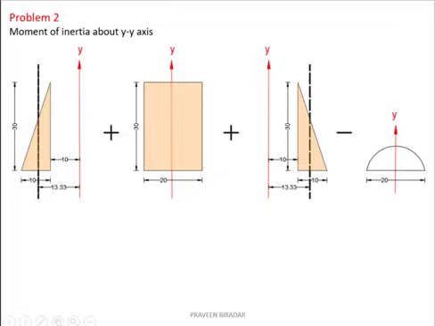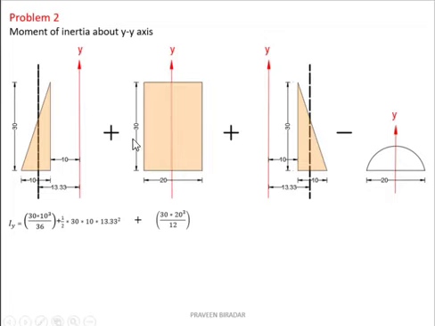So to calculate moment of inertia about y-axis, Iyy, for the triangle it is bd cube by 36 with respect to centroid, plus this I need to transfer to y-axis. Therefore, half into base into height, area, into this distance square. So I have transferred to y. Next, this is with respect to centroid itself.